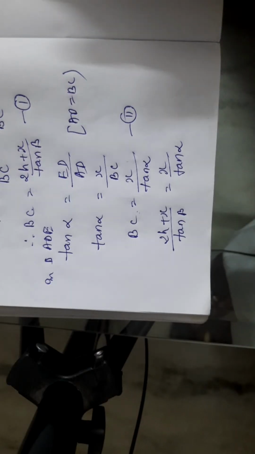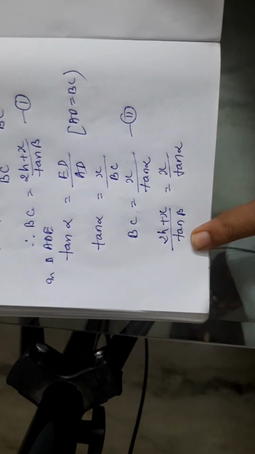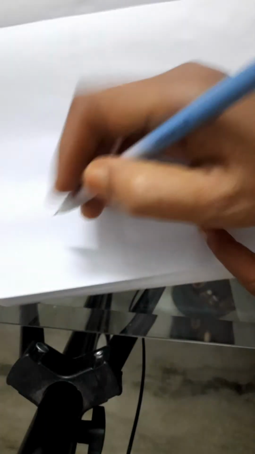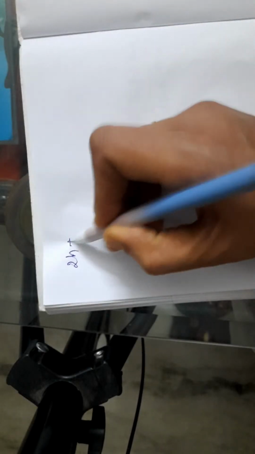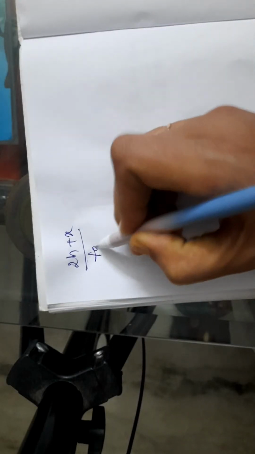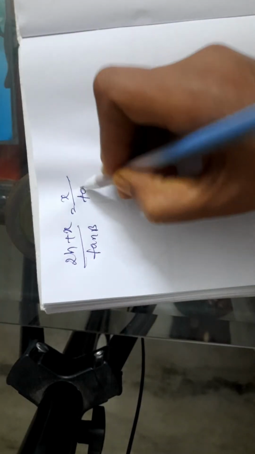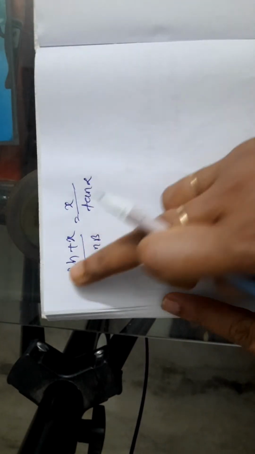Okay. So now we'll be comparing these two. As there is no space, I'm turning the page. I'll repeat this equation once again. Here it is given 2h plus x upon tan beta is equal to x upon tan alpha. Now exchange them, shifting tan alpha to the numerator and the other term to the denominator.